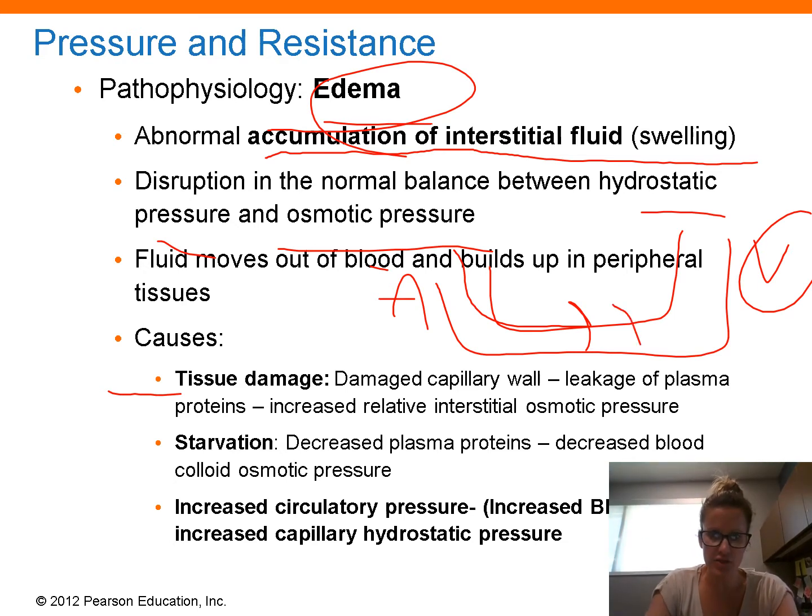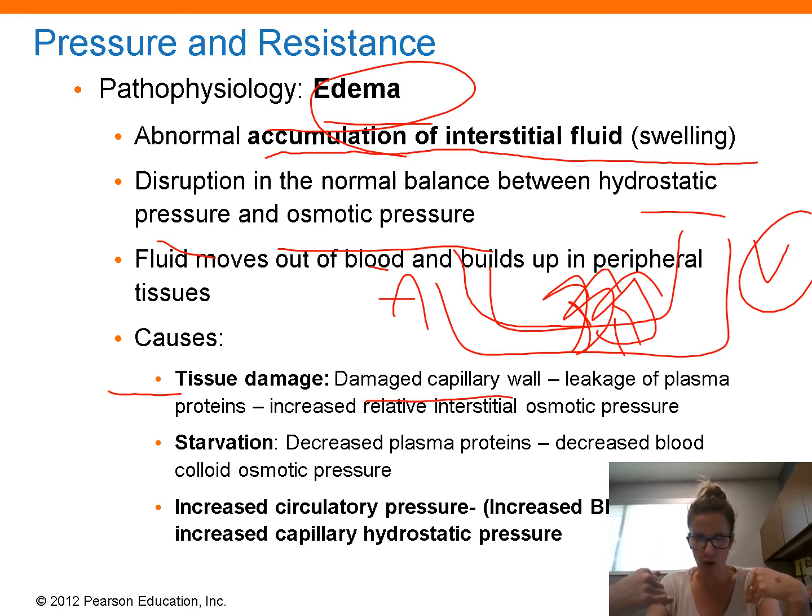If there is tissue damage, say this blood vessel is broken right here, then we're going to have extra fluid leaking out of the vessel into the interstitial fluid. Also, if you damage the capillary wall, then the plasma proteins can leak out of the blood and into the interstitial fluid.